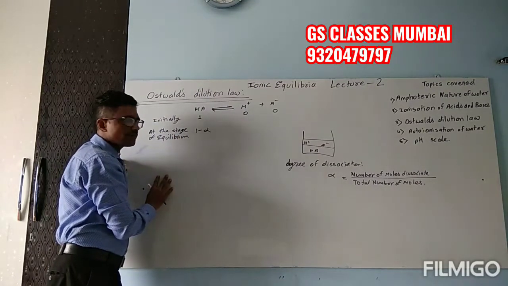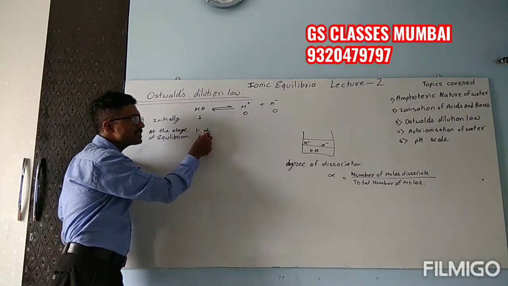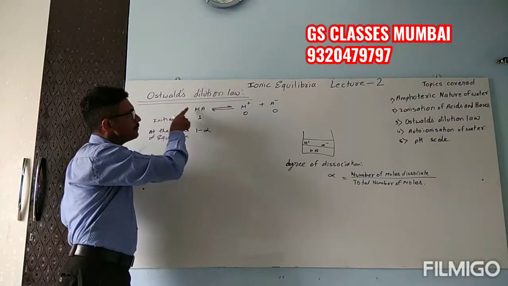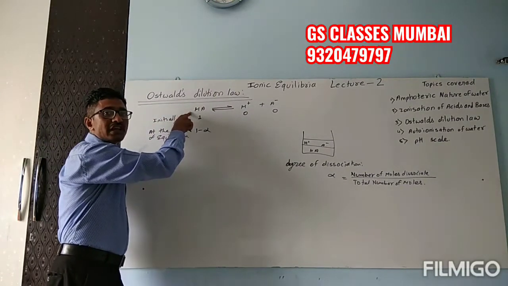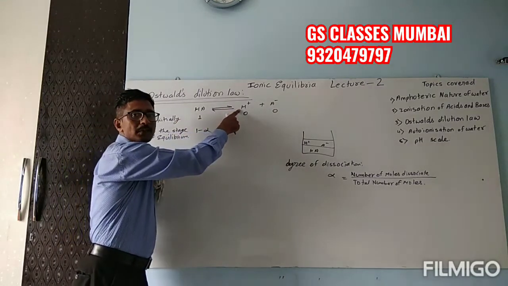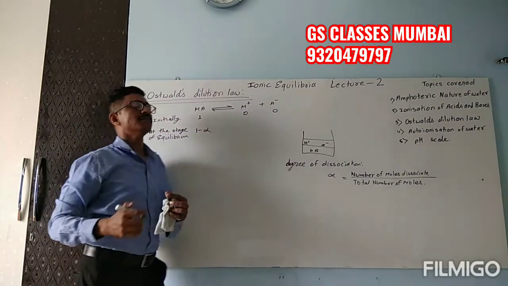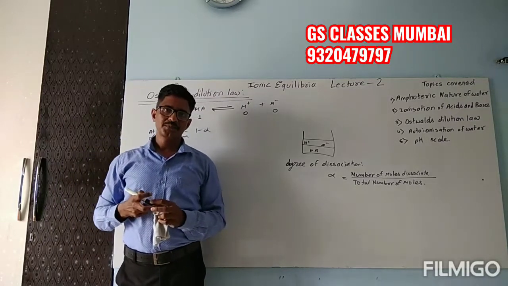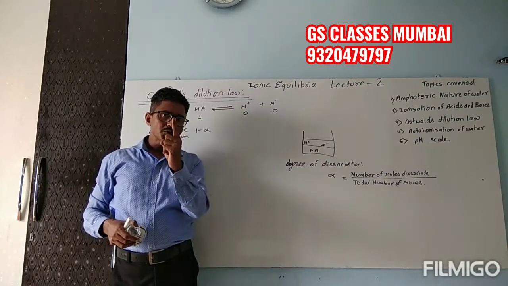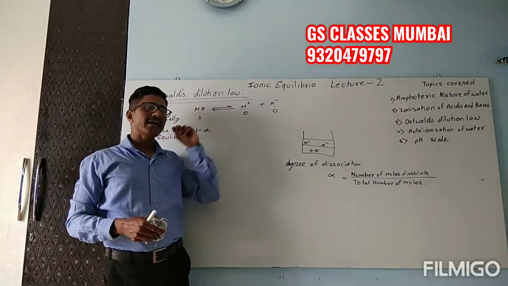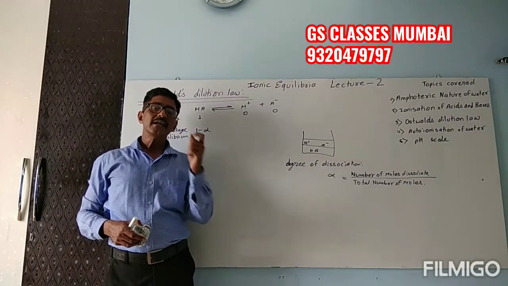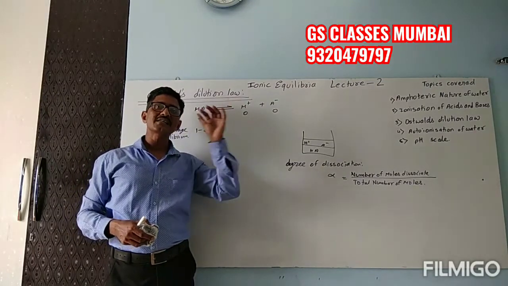If alpha molecules are turning into ions, we know that every 1 HA, when it dissociates, forms 1 H plus ion and 1 A minus ion. Am I right? Whenever one molecule dissociates, it produces 1 H plus ion and 1 A minus ion.